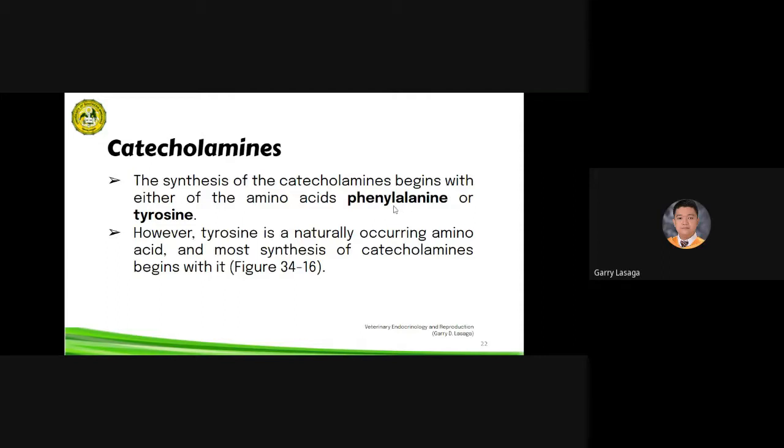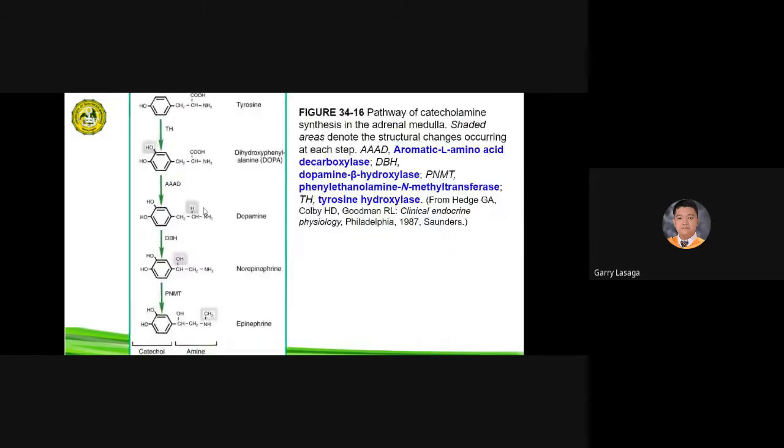So when we say essential amino acid, it is not readily manufactured in the body, so that majority of the catecholamine synthesis comes from the tyrosine. So tyrosine is a precursor to the catecholamine synthesis.